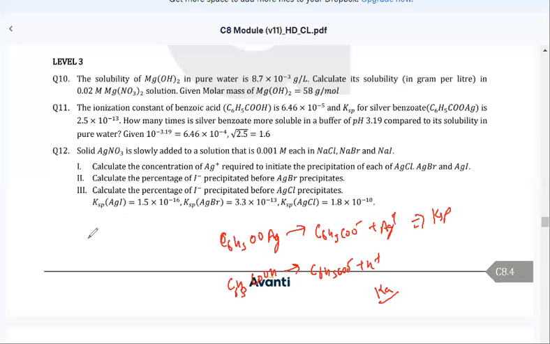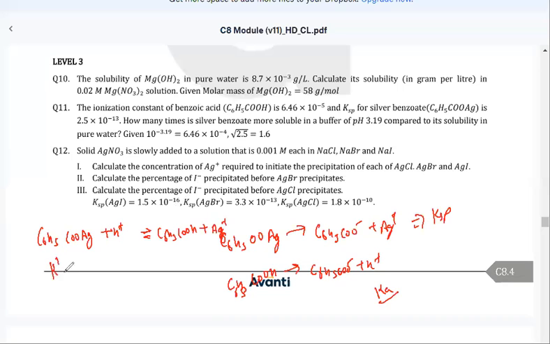See, the ultimate reaction would be C6H5COOAg reacting with H plus and giving C6H5COOH plus Ag plus. It will give this one, right?